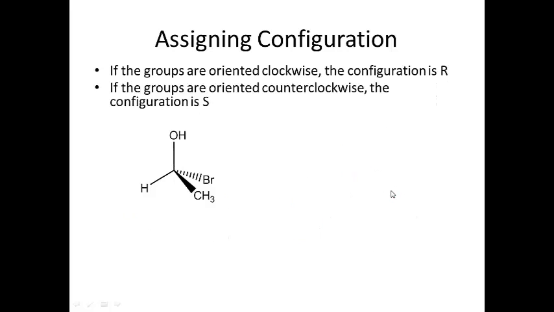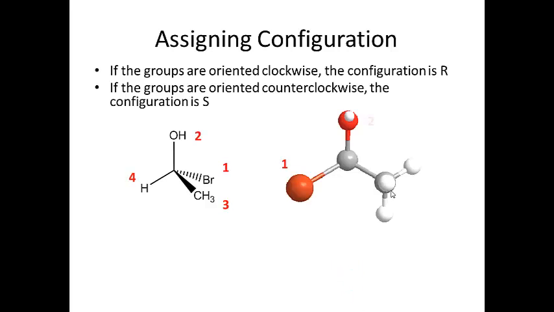And so if I want to assign configuration, if the groups are oriented clockwise, then the configuration is R. If they're oriented counterclockwise, the configuration is S. The R and the S are Latin terms, R meaning rectus or right hand, and S meaning sinister or left hand.